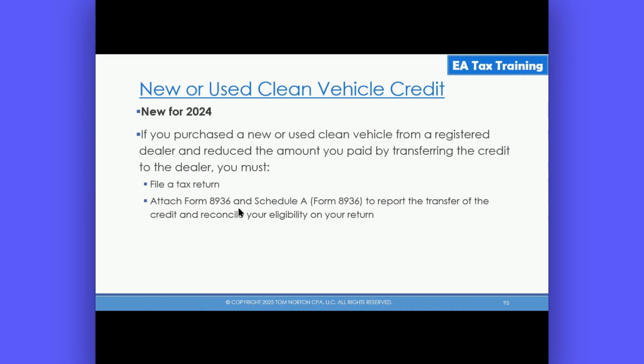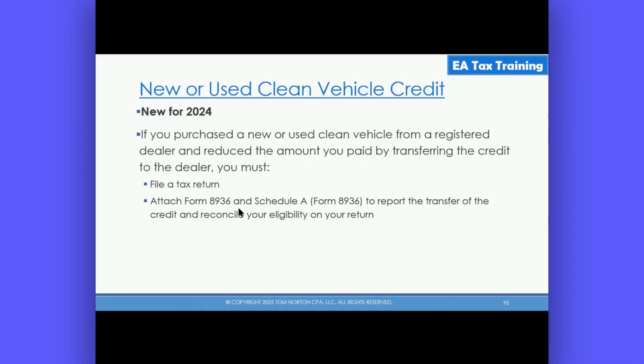What they can do is they can just say, okay, instead of selling you the car for $80,000, we will sell it to you for, what would that be? $72,500. So we're going to subtract the $7,500 from the $80,000. We'll just sell it to you for $72,500. And then we, the dealer, will take the credit.